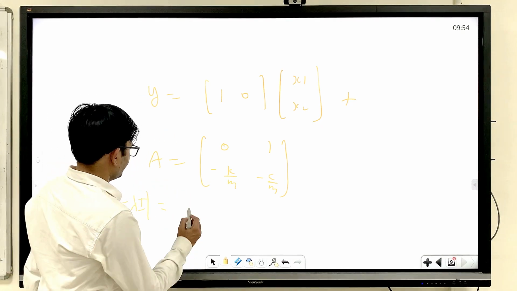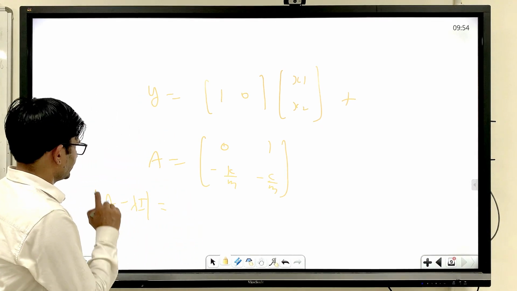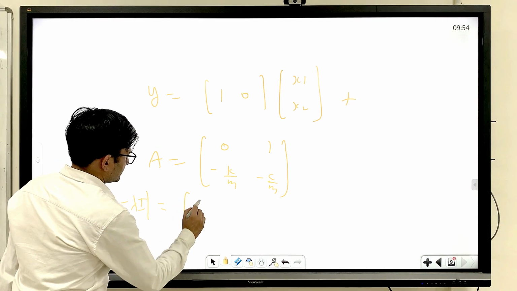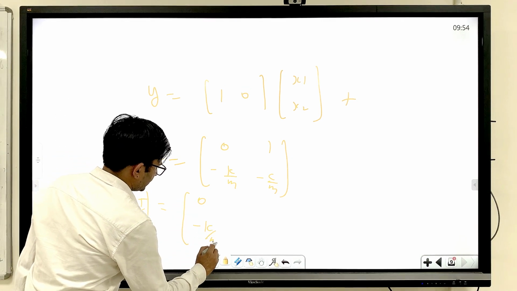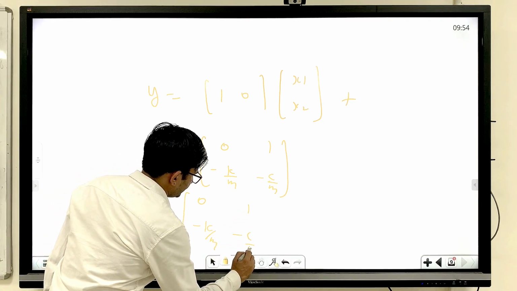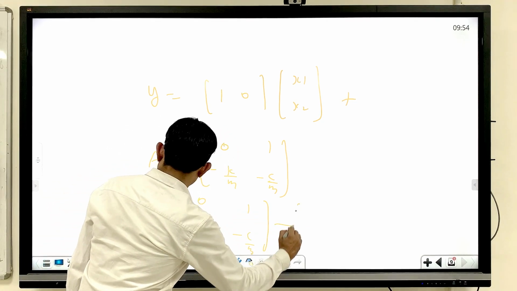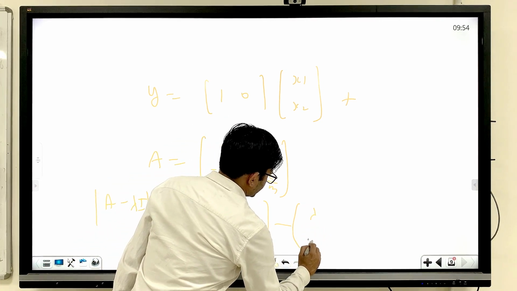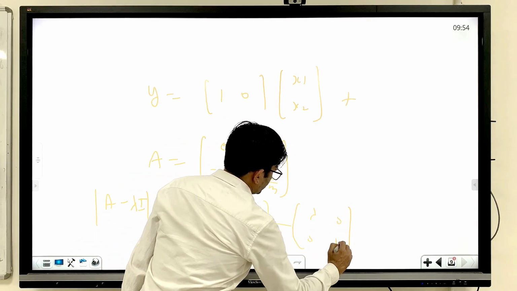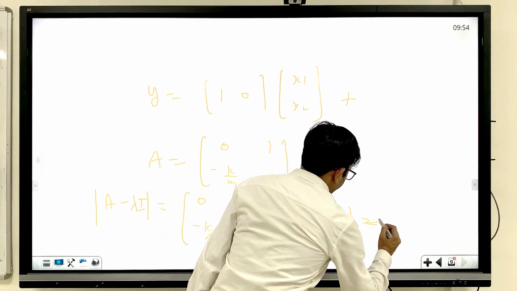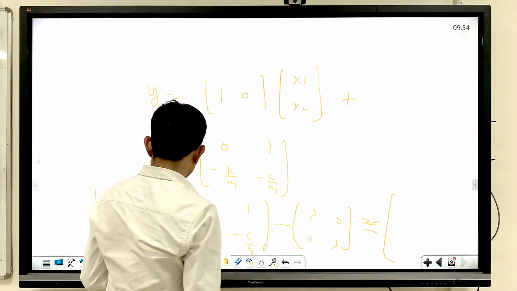So you can write lambda I minus A as: 0 minus k by m, 1 minus c by m, and here you write lambda 0, lambda 0. So what will you get finally?